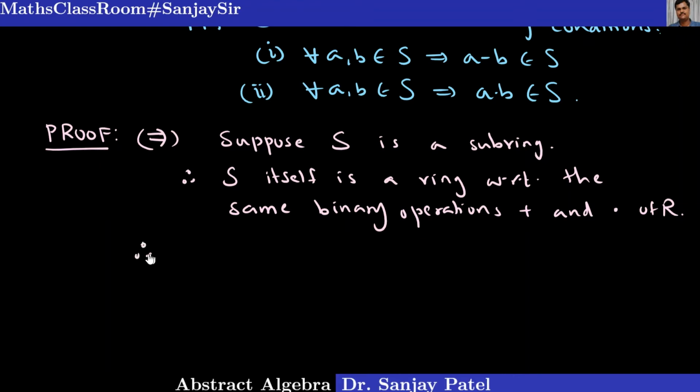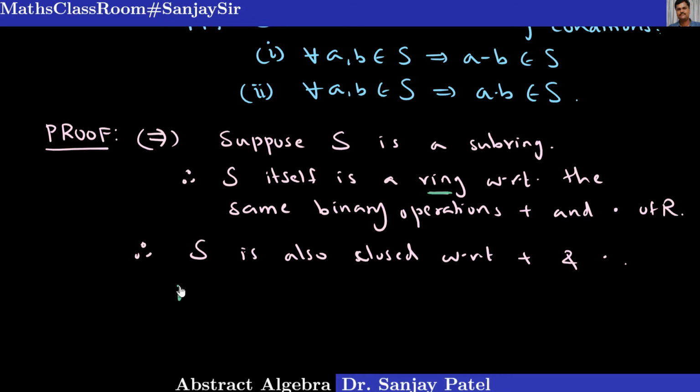Therefore, I can say S is also closed with respect to addition and multiplication. Because S is a ring, it means S satisfies all the 8 conditions of a ring. So I can say S is also closed with respect to the 2 binary operations.